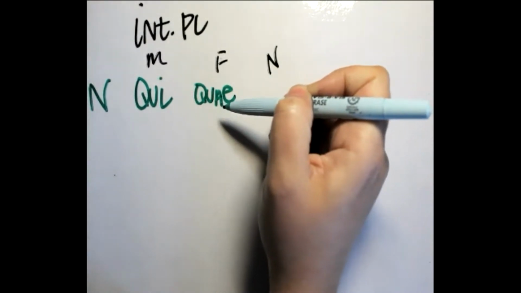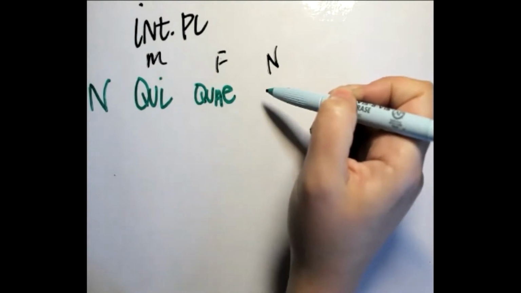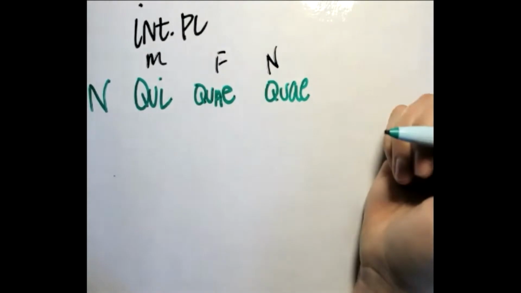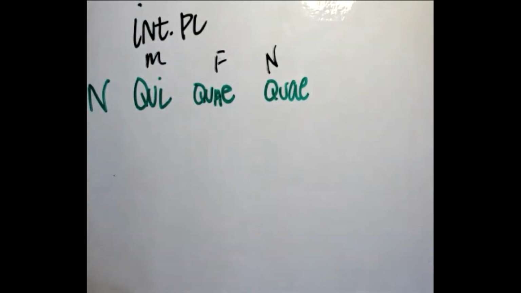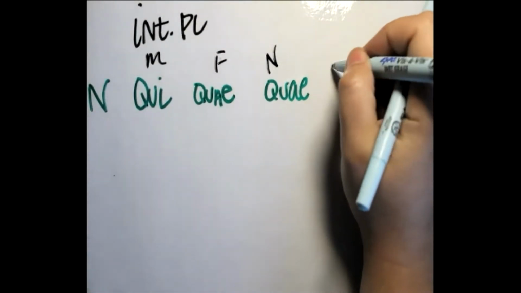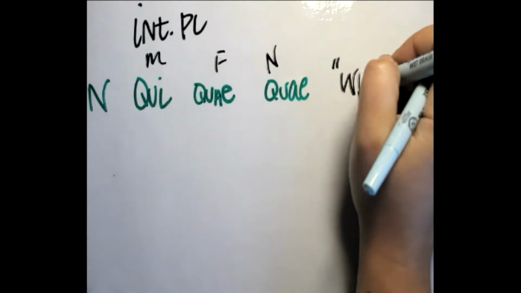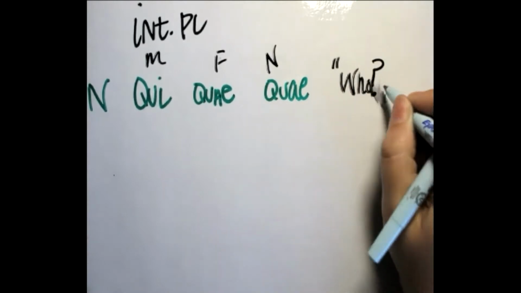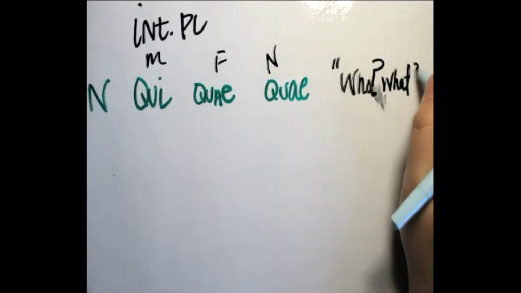And then your neuter will again be quae, just like it is in the relative. So the plural nominative forms for interrogative and for relative are the same. So plural who, except now it's a question: who, what, which.